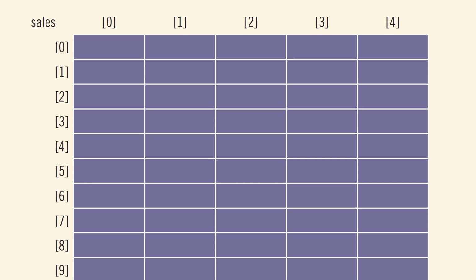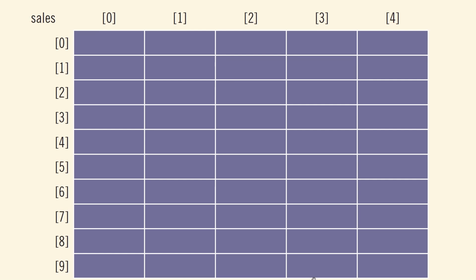Okay, so let's look at something else that's interesting. This is called two-dimensional arrays, and basically it's like a normal array, but it's in two dimensions. You can think of a normal array as being like rows, and in a two-dimensional array you also get columns.